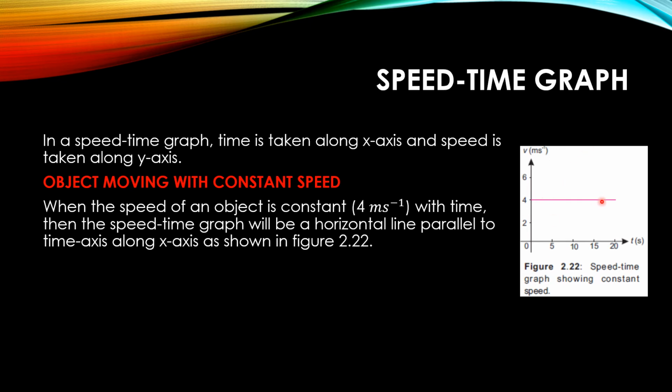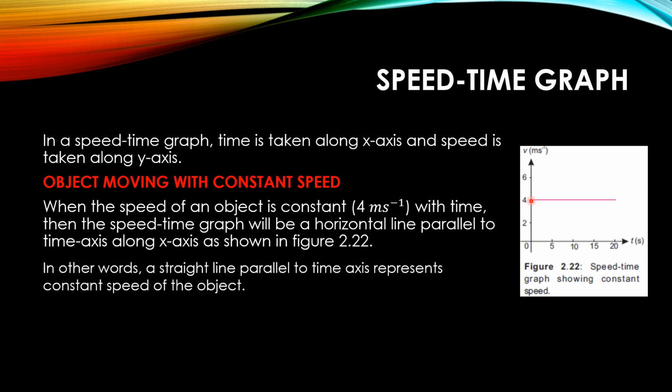The same shape of graph in the distance time graph showed that the object was at rest because it was not covering any distance. But here we have different variables. Along the x-axis we have time, but along the y-axis we have velocity or speed, which shows that the body is in motion but its speed is not changing.